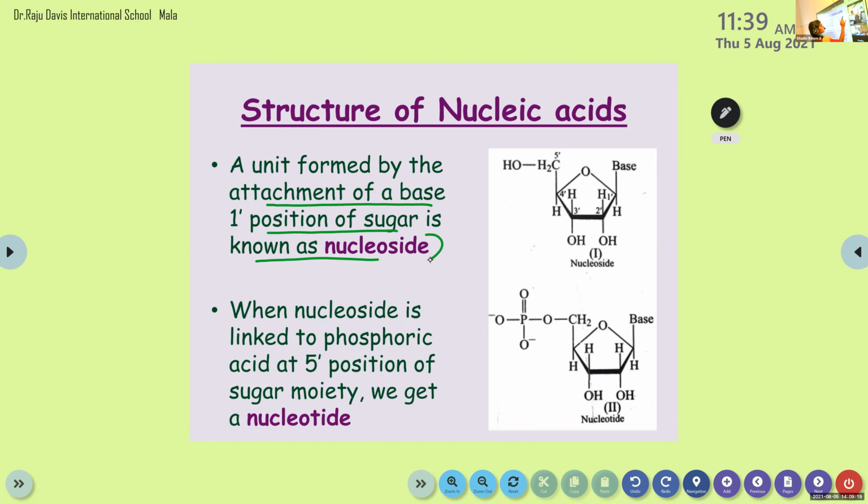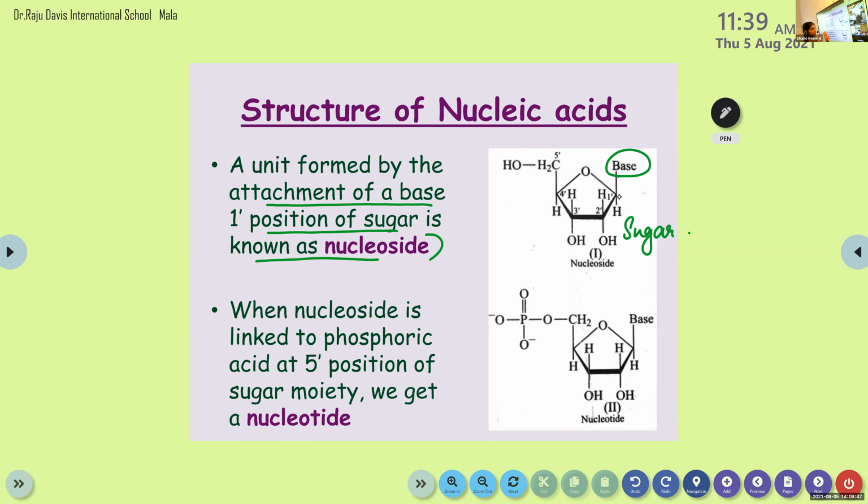It consists of both base and pentose sugar. This is the sugar molecule, and this is the first position. To the first position, there is one base attached. So this structure is known as nucleoside.